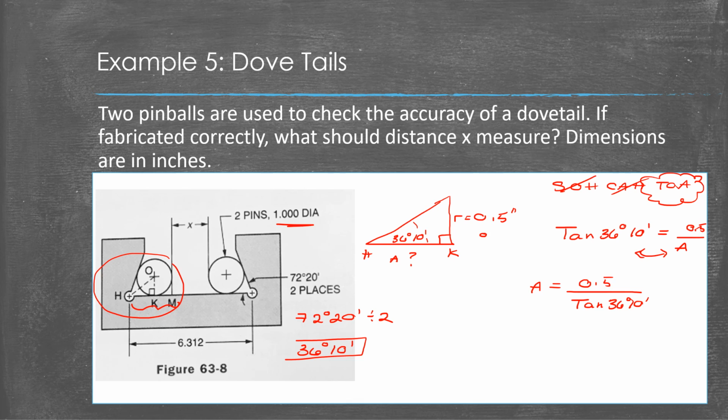Give me just a second to find our adjacent side. There we are. If you put that in your calculator, you'll get 0.6839997, and it keeps on going.